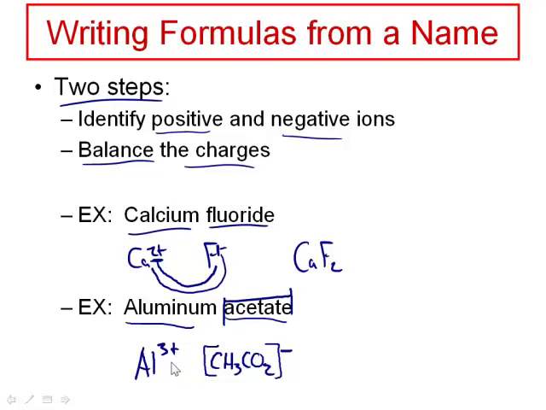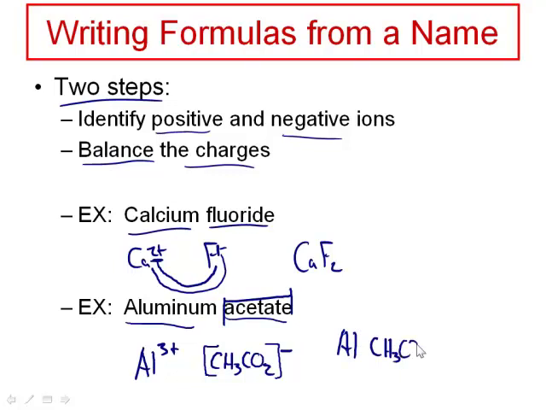Okay. Now, if we look here, we have a 3 plus ion. Each of these is a 1 minus. We can easily see that we need 3 of these guys to balance out the positive charge on this aluminum. So if I was going to write the formula of aluminum acetate, here's how I would do it. I'm going to have 1 aluminum, and I'm going to have 3 acetates, okay?